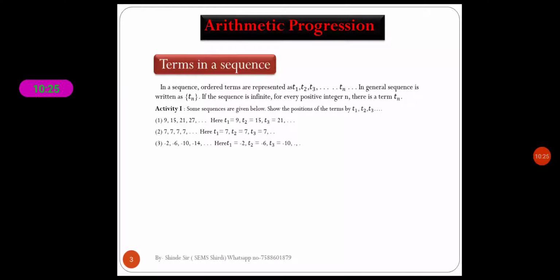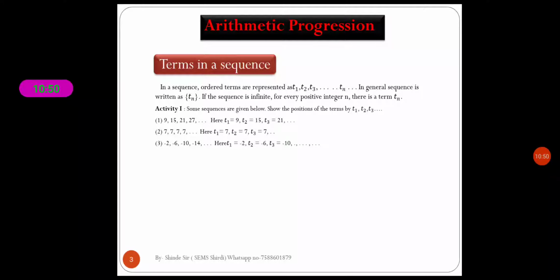There is a particular pattern in all these three examples. In the first, 9 plus 6 is 15, 15 plus 6 is 21, 21 plus 6 is 27. In the second, 7 plus 0 is 7, 7 plus 0 is 7. And in the third one, -2 minus 4 is -6, -6 minus 4 is -10, -10 minus 4 is -14.